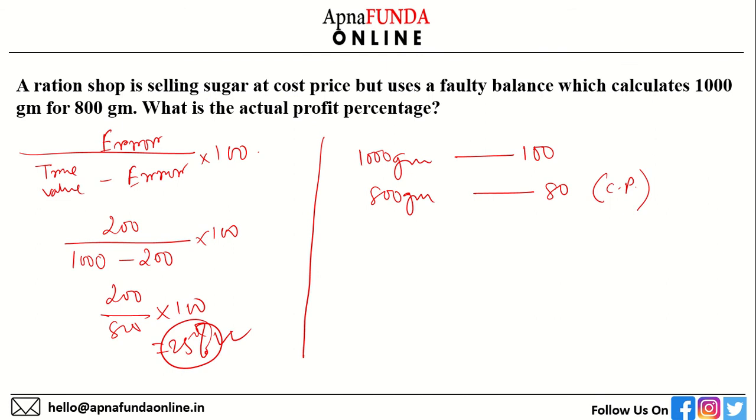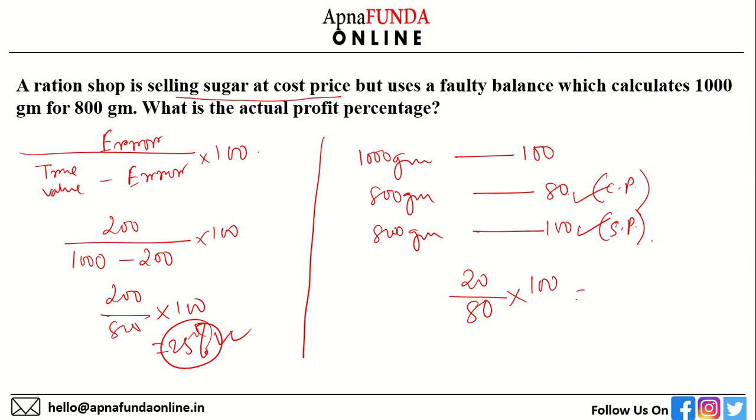But the ration shop seller is selling at the cost price, means he's selling 800 gram at 100. This is the selling price. So your selling price is 100, your cost price is 80. So profit is 20 on a scale of cost price 80 into 100. This will give you 25% profit.